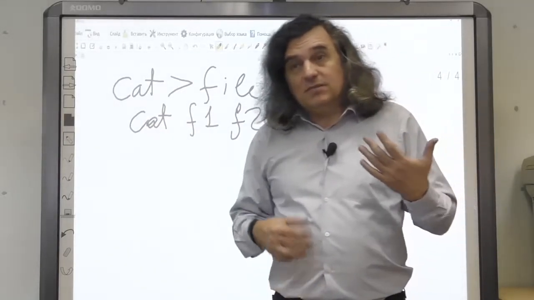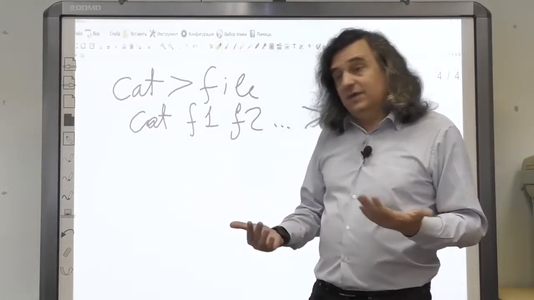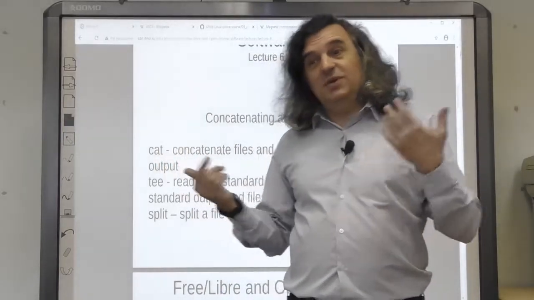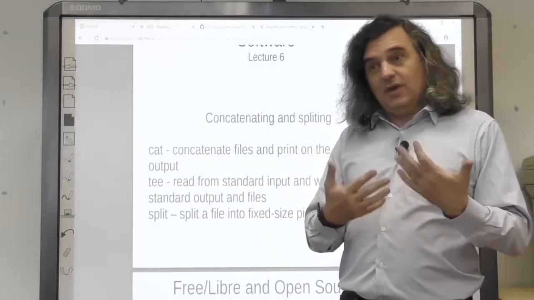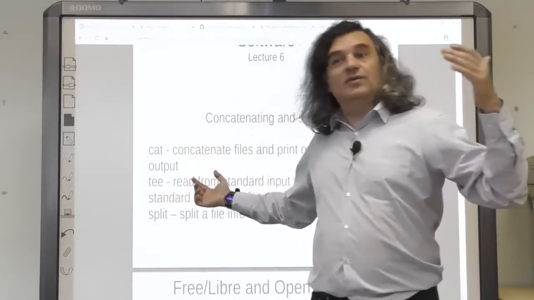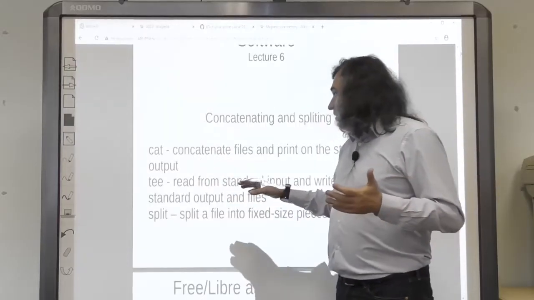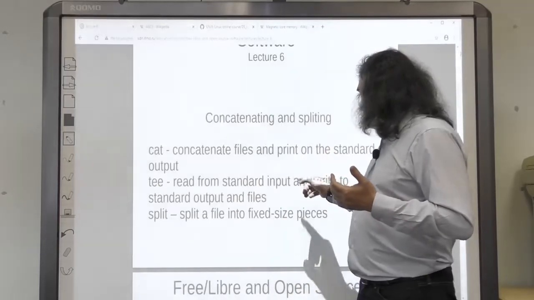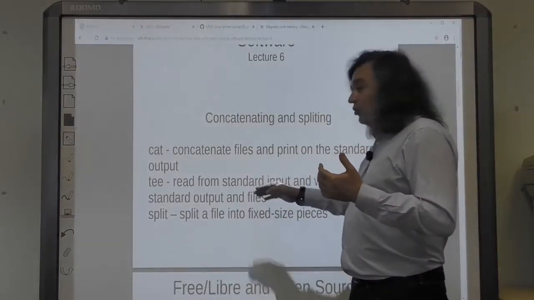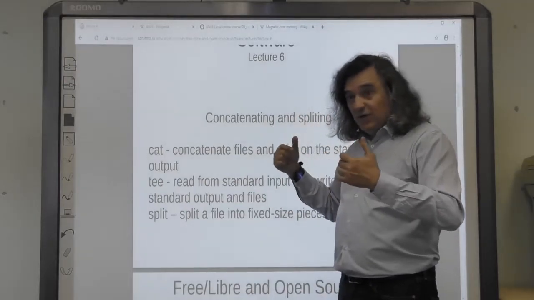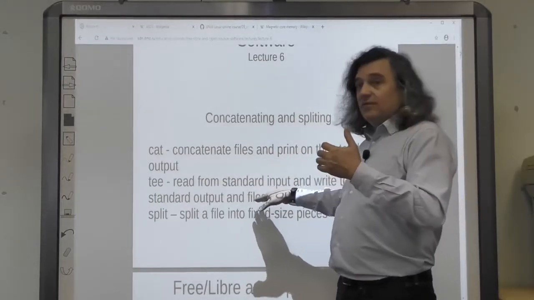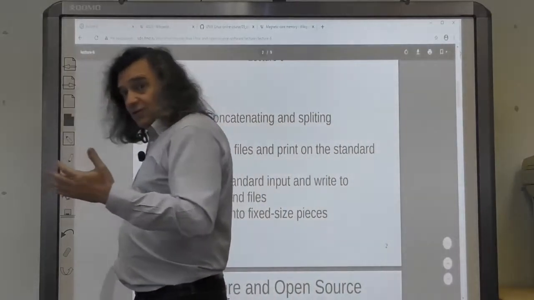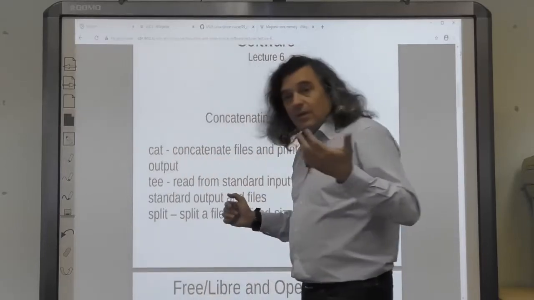If we can combine something, we must be able to split it. And we have two utilities for different types of splitting. Tee reads from standard input and writes to standard output and files, which are just arguments of this command.